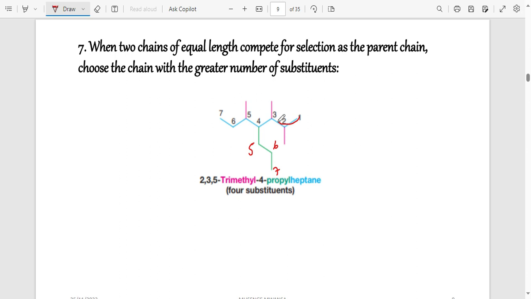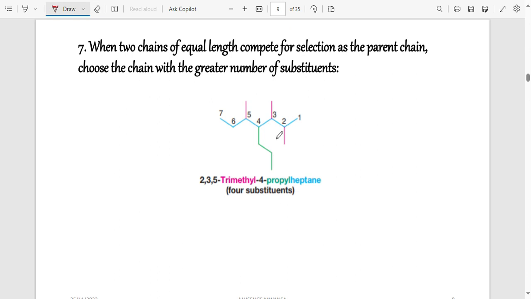But if I went like this, I would have only 3 groups. But when we went straight, how many groups did we find? This is group 1, this is group 2, this is group 3, and this is group 4. So go in the direction that will give you the most substituents.